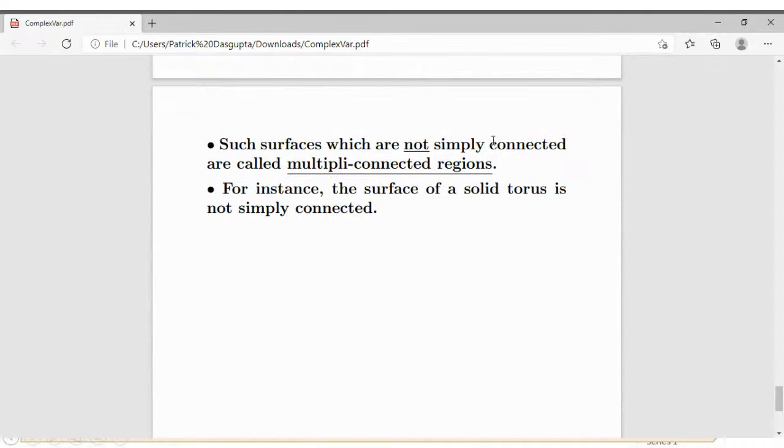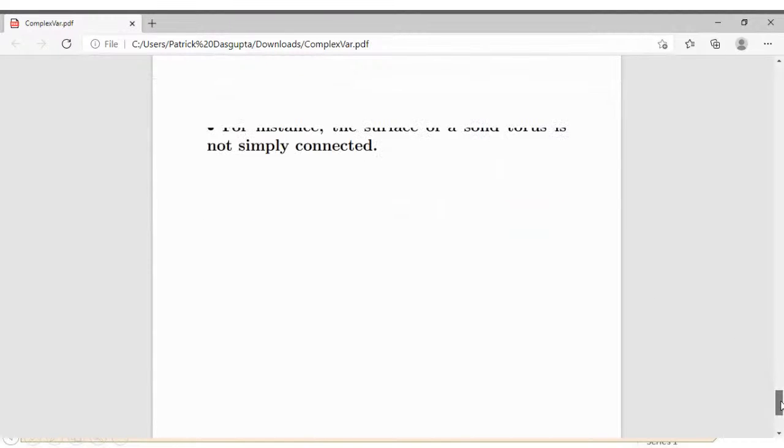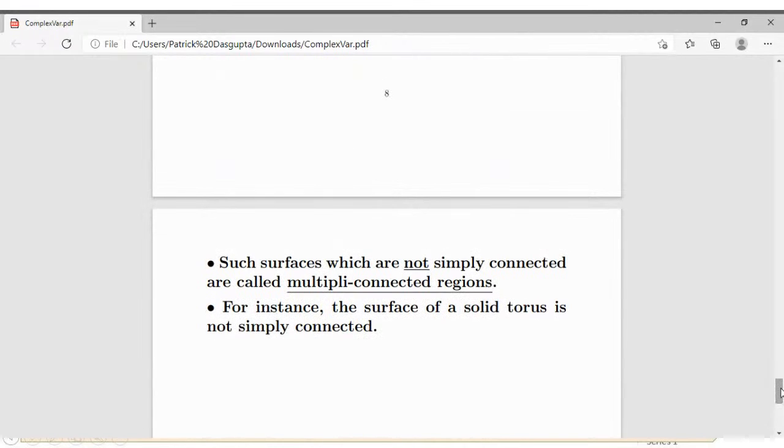Surfaces which are not simply connected are called multiply connected regions. And one of the examples of a multiply connected region is the surface of the solid sphere. And I will show you pictures now from which you can see that indeed the surface of a solid sphere is not a simply connected surface.